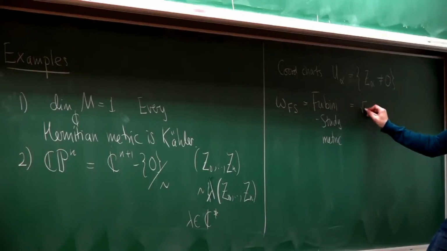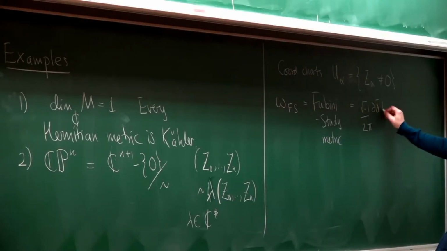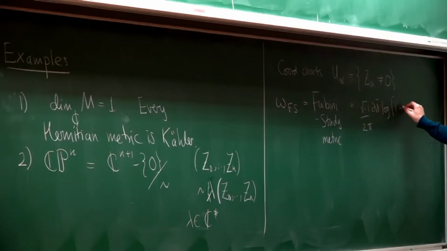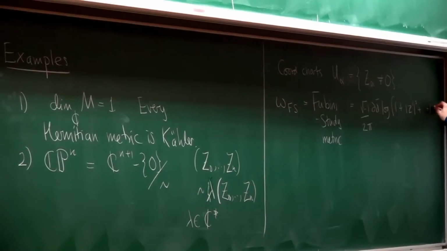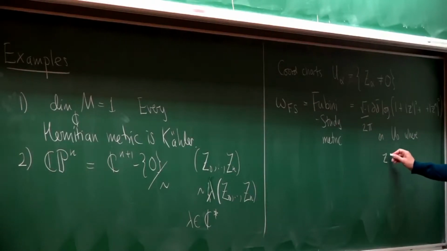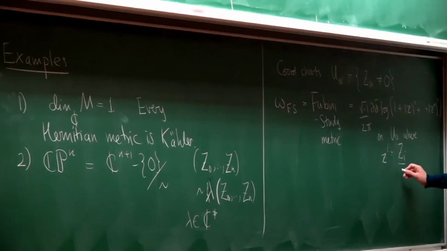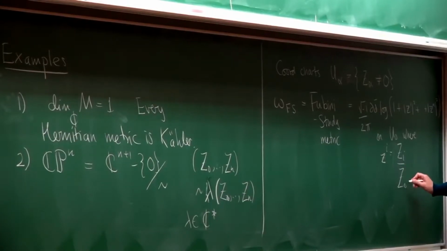So on U_0, I can write it as root minus 1, again, I'm going to divide by 2π, ∂∂̄ log of 1 plus |z_1|^2 plus ... plus |z_n|^2, where I'm going to take my z_i to be Z_i, the capital Z_i, divided by Z_0.